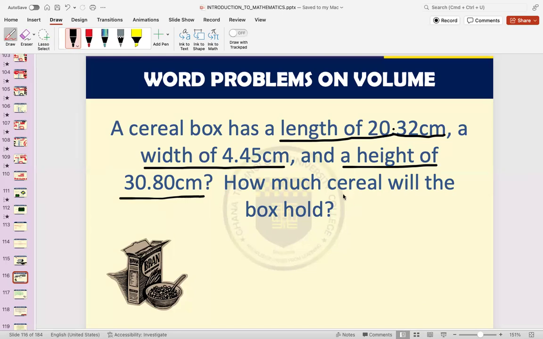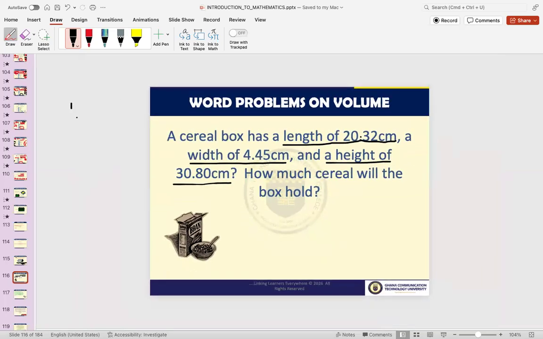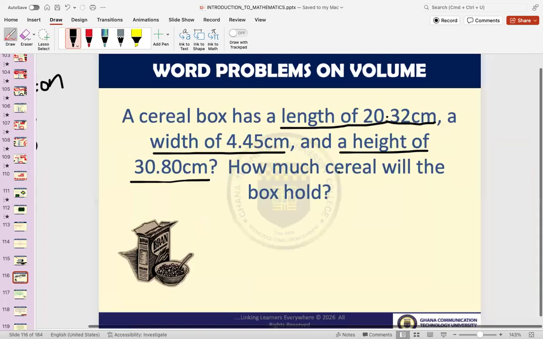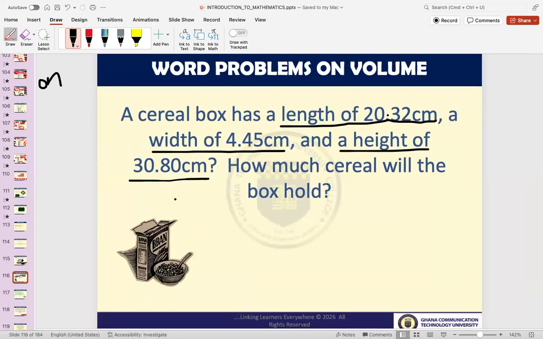So all the boxes we have been seeing in the products we buy, whether it is a Lipton or whether it is Milo, any product that is put in a box, these calculations are done before they are packaged. So let's see the volume it can hold.